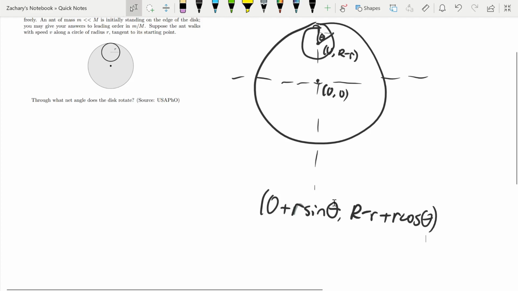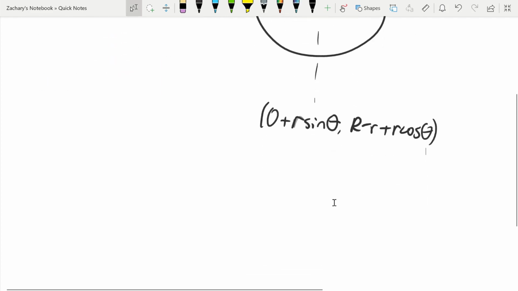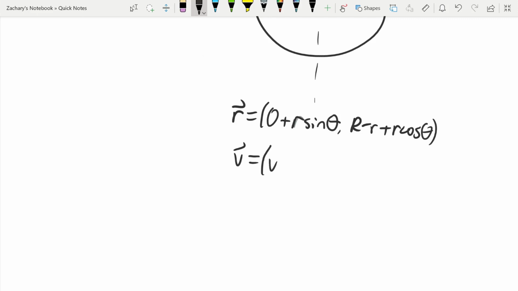So these are the coordinates now, and the vector of the ant's position from the origin to this position is the vector R, and can be represented by this ordered pair. Then the velocity vector: it's moving at a constant speed v.